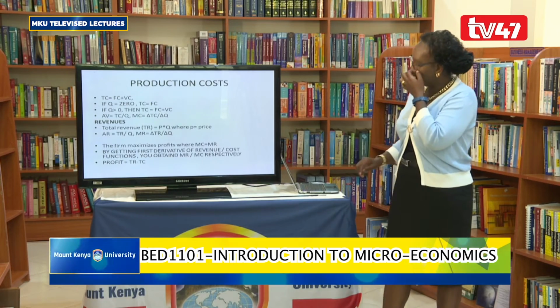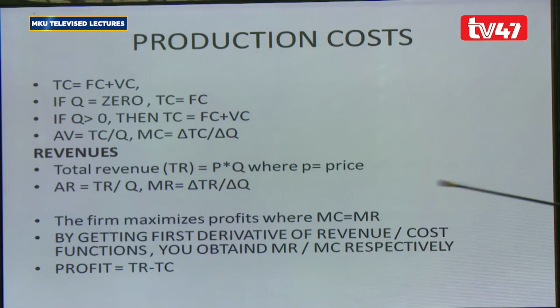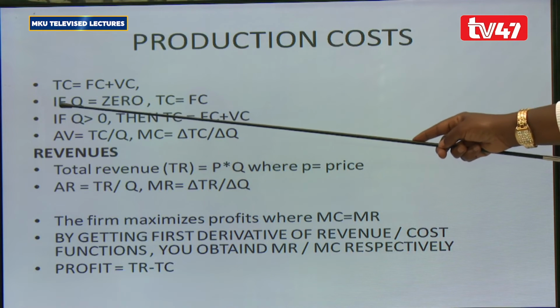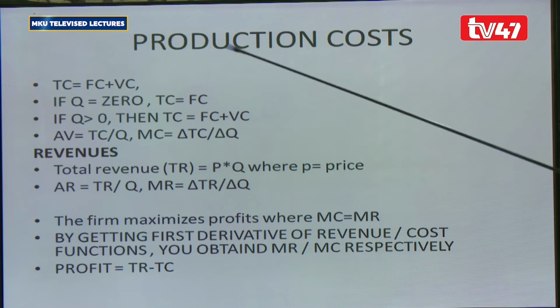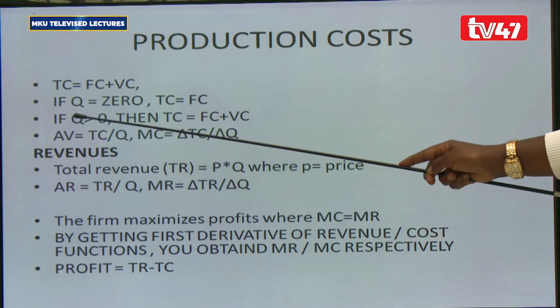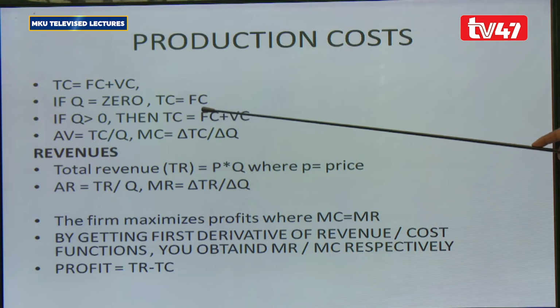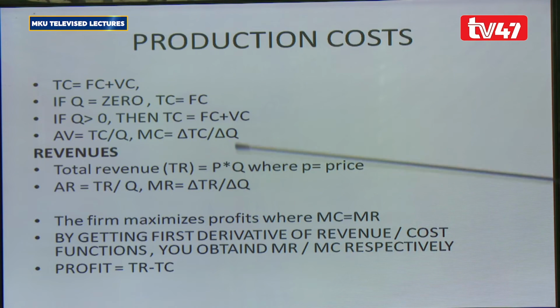Now, these costs. I remember I talked about the total cost, and I said if Q is equal to 0, all that the producer must incur is the fixed cost. However, if Q increases or is greater than 0, then he must incur both the fixed cost and the variable cost.